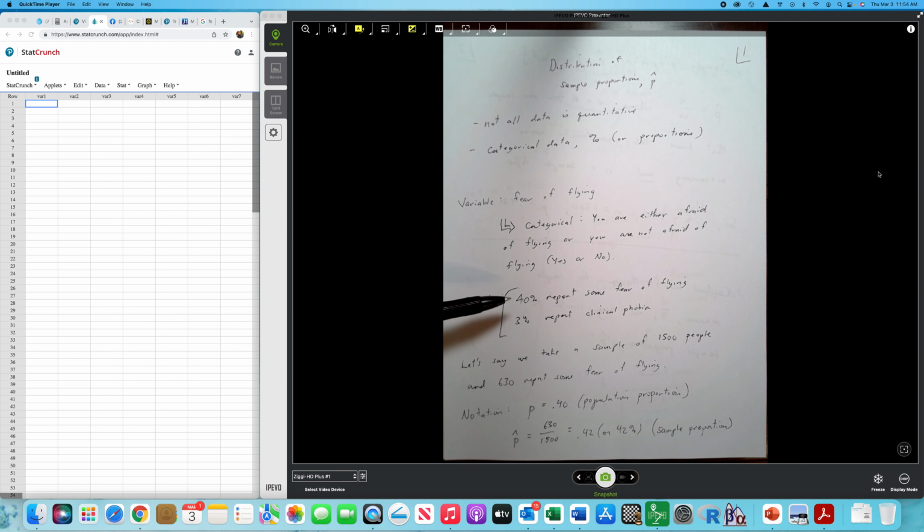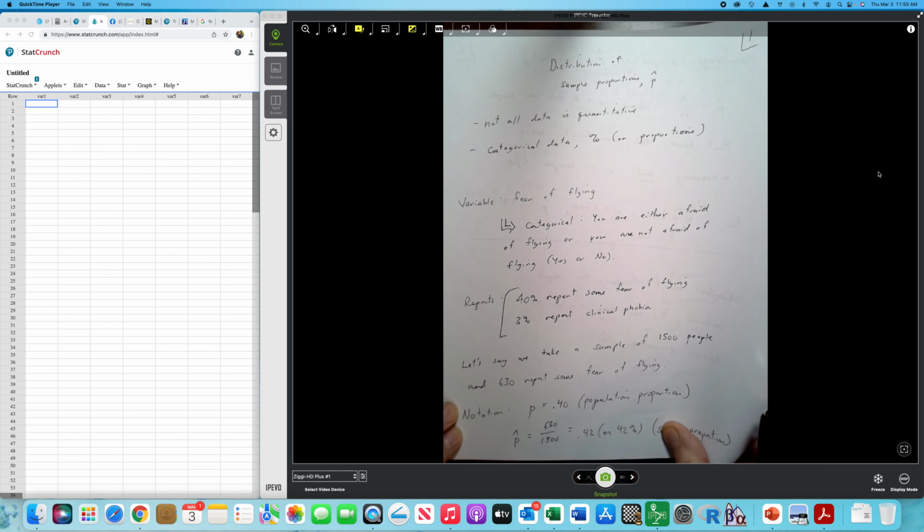It's the percentage that explains everyone. The sample that I've taken is only 1,500 people, and 630 of those have responded that they have some level of fear of flying. So if I take 630 divided by 1,500, I get 42%. Sample proportions are typically reported as a decimal, so I would report this as 0.42.